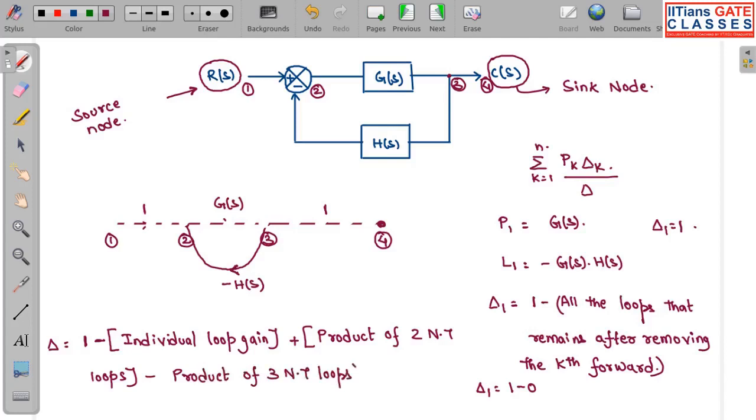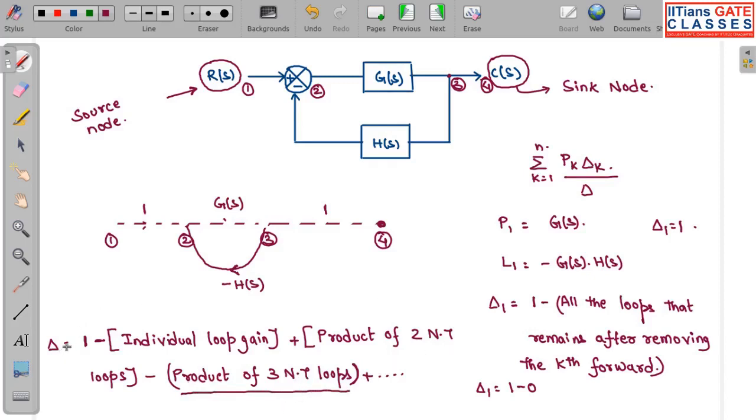Now what are these non-touching loops? Non-touching loops are those loops which don't have even a single common node. So this is the product of two non-touching loops, minus the product of three non-touching loops, plus the product of four non-touching loops. But at most, in the exam there will be up to product of three non-touching loops only.